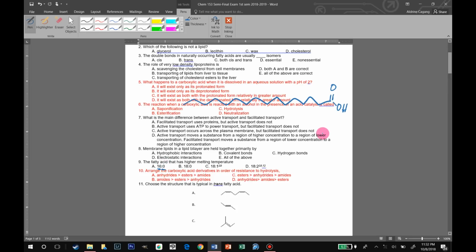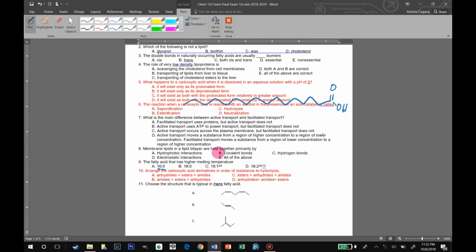Letter C, 18:1, so 18 carbon atoms with 1 double bond. And then you have here omega 9. That's just going to imply where in the structure your double bond is found, so it is found at the 9th carbon position. And then letter D, 18:2, so 18 carbon atoms with 2 double bonds.